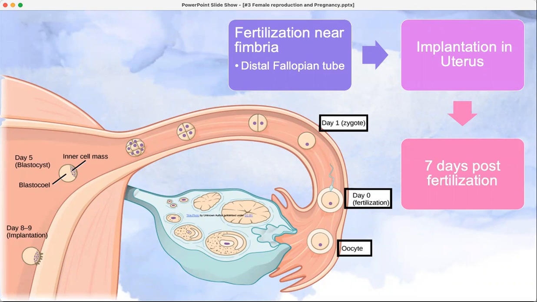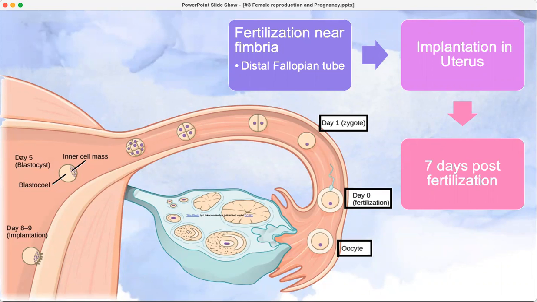This is showing how fertilization occurs actually distal, much more distal than you think. Most people think it occurs within the uterus, but it doesn't. It occurs right close to the fimbria of the fallopian tube. So the oocyte is expelled right here around day 14 of menses.